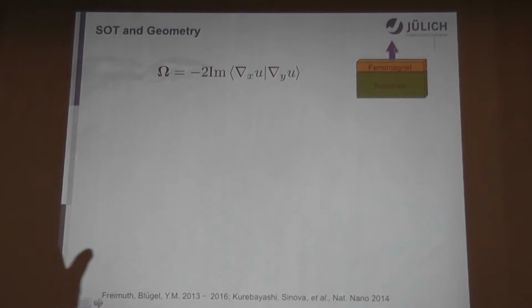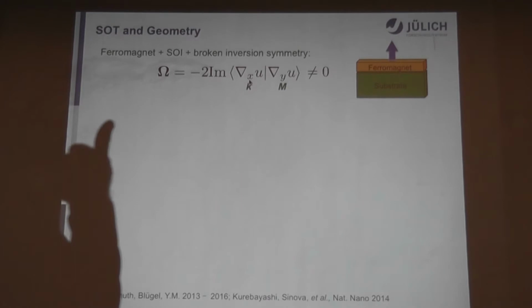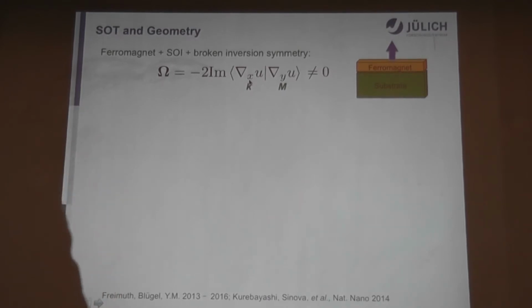If you do calculations, you will discover that it is the curvature of this type which is non-zero in such a situation of a ferromagnet with spin-orbit interaction under the condition of broken inversion symmetry. Here one coordinate stands for the reciprocal vector k, and the other coordinate stands for the magnetization direction in our sample.